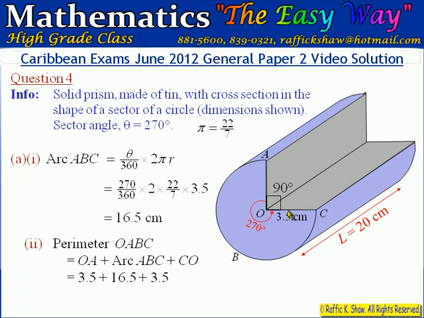It's 3.5 for the length OA, 16.5 for the arc length ABC, and then 3.5 for the radius CO. And so that works out to 23.5 centimeters, and that's the perimeter of the sector, 23.5 centimeters.